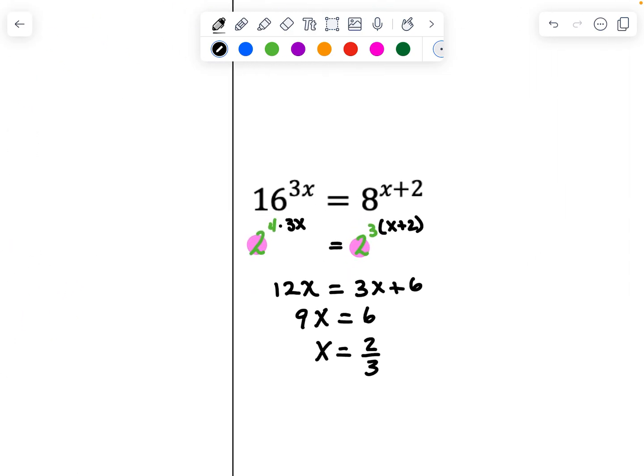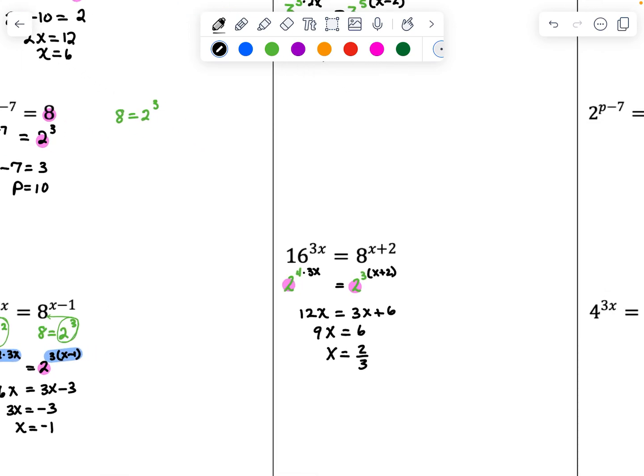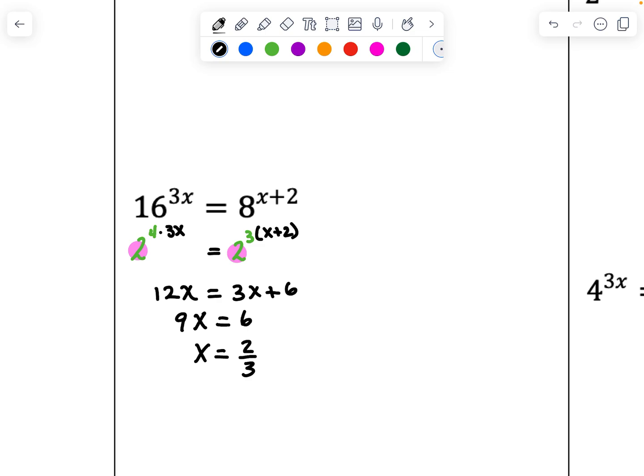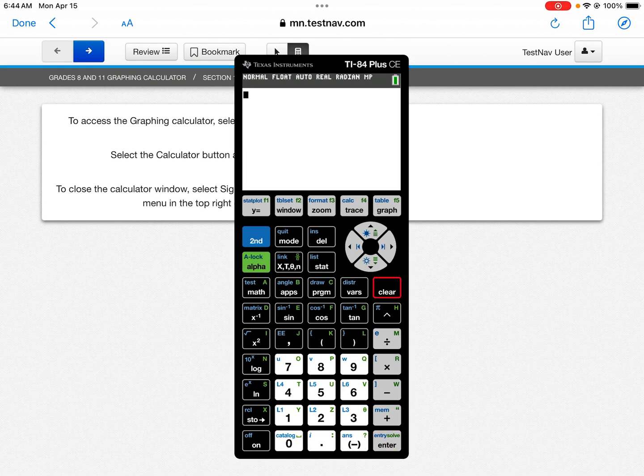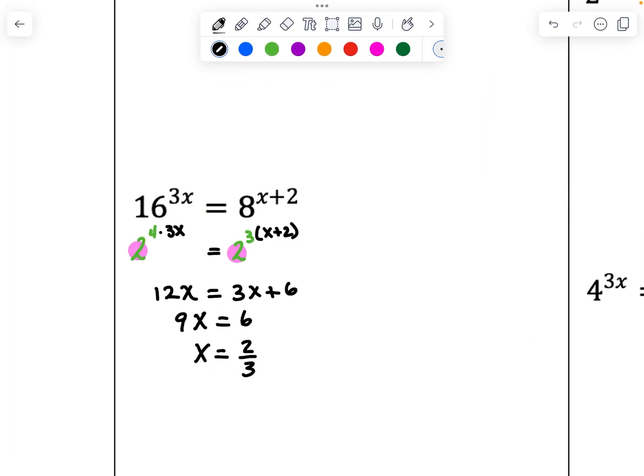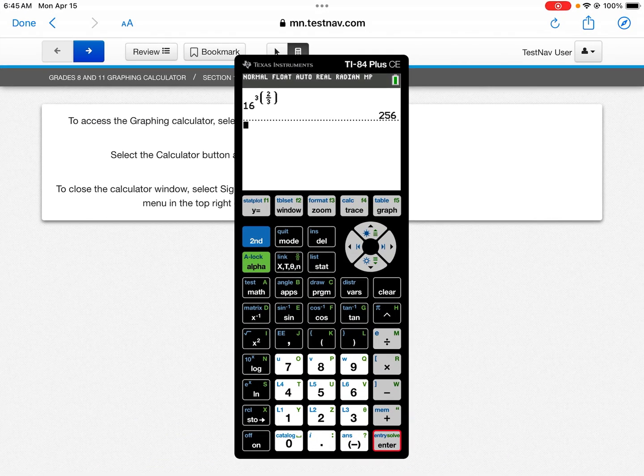And of course you can put them in your calculator to check them. If I check that last one, 16 to the 2/3 equals that number, and 8 to the 2/3 plus 2 should equal 256.